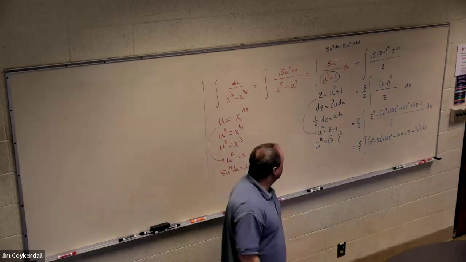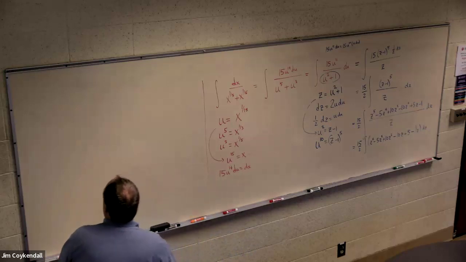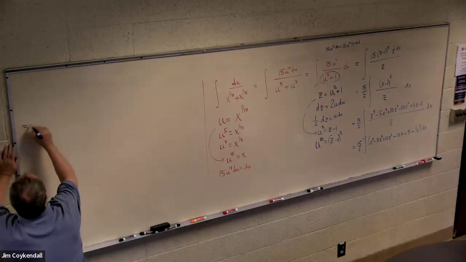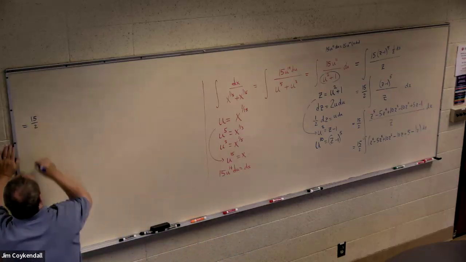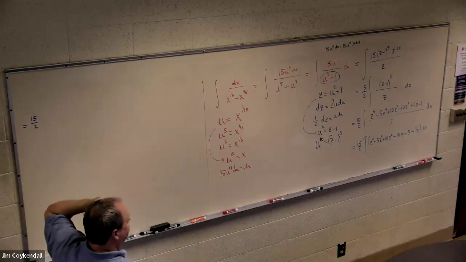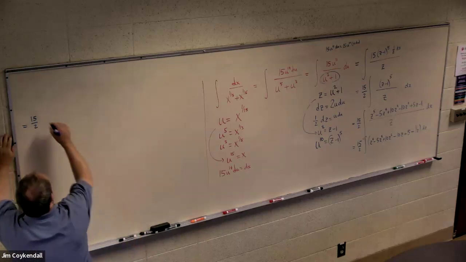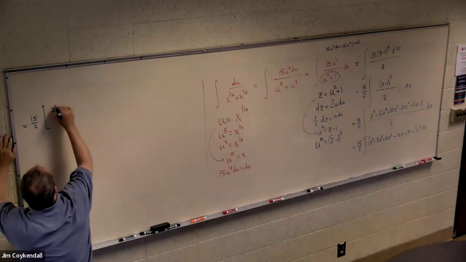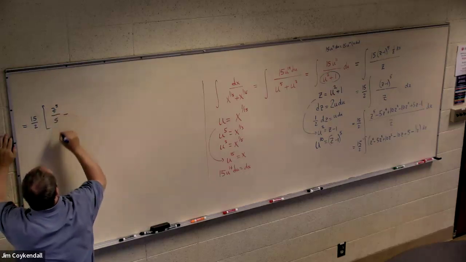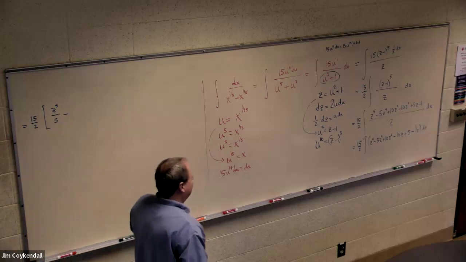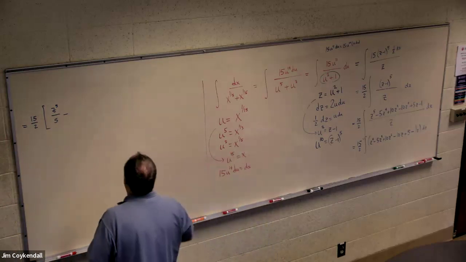Now we begin the long journey back. So this is 15 halves times z^5 over 5. It's 5 fourths z^4.